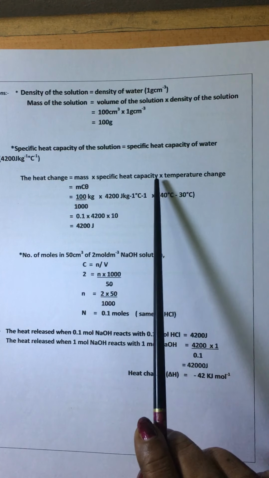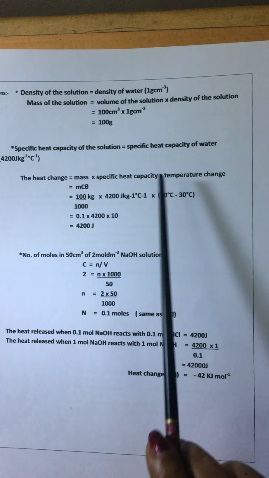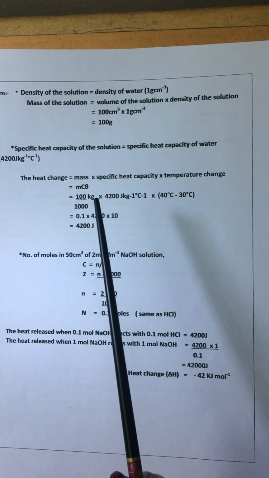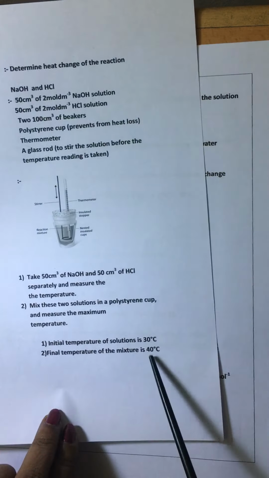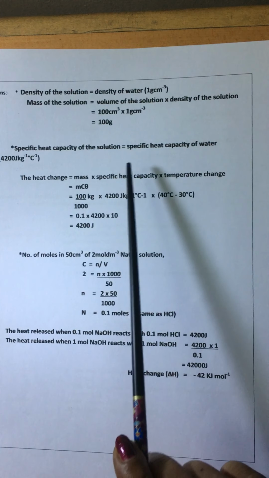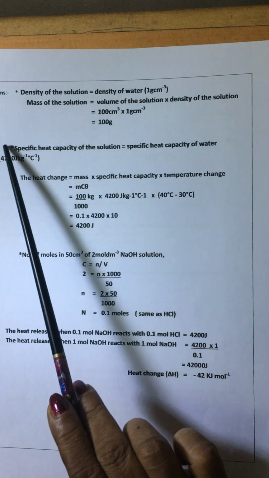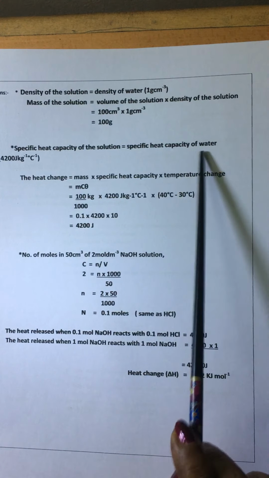That will differ from solution to solution, or substance to substance. Next, the temperature change, the difference of the temperature, 30 to 40. The initial temperature, I told you, is 30 and the final temperature we took is 40 Celsius. You have to take the difference, the higher temperature minus the lower temperature, then you get 10, right? Here also we are making one assumption: the specific heat capacity of the solution is equal to the specific heat capacity of water.